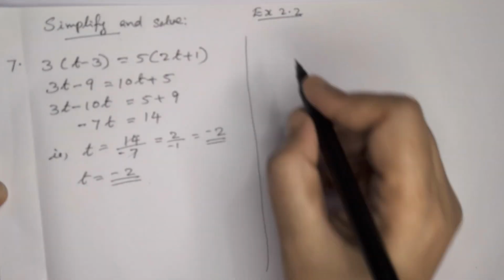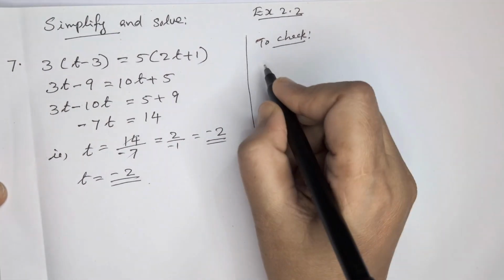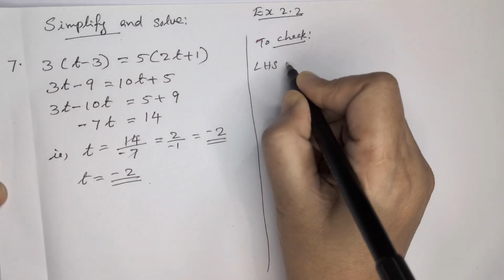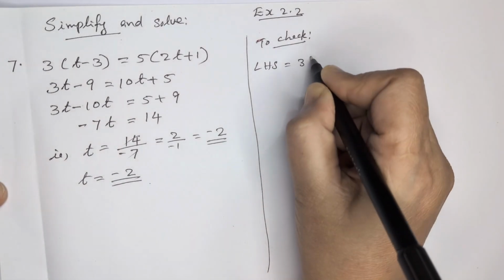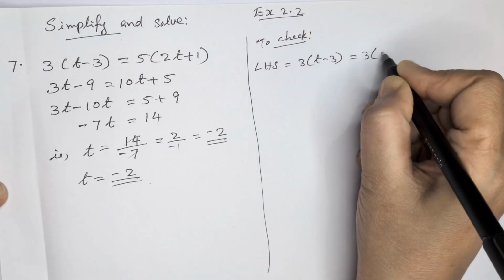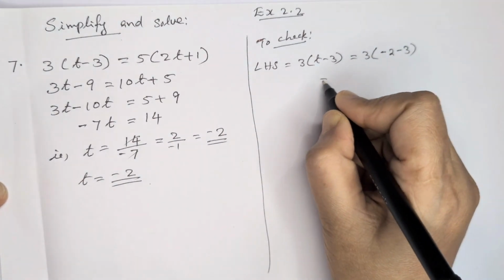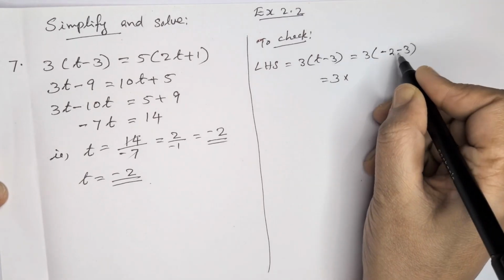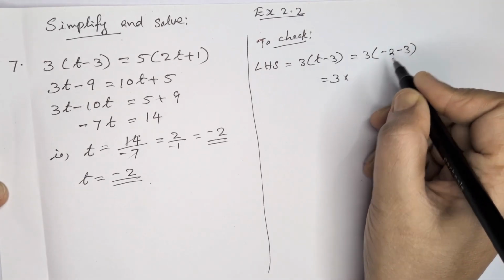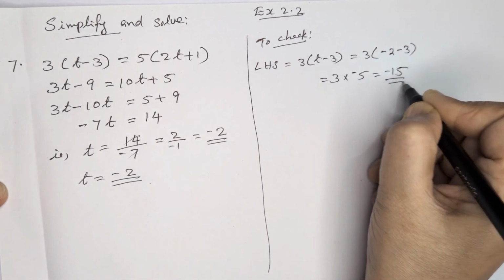Now to check. LHS is equal to 3 into t minus 3. That means 3 into minus 2 minus 3, that means minus 5 is equal to minus 15.